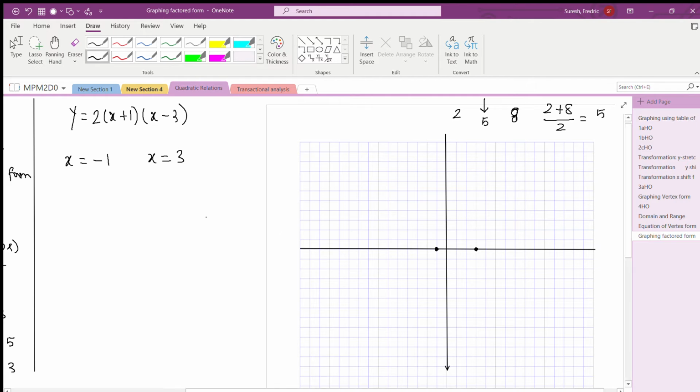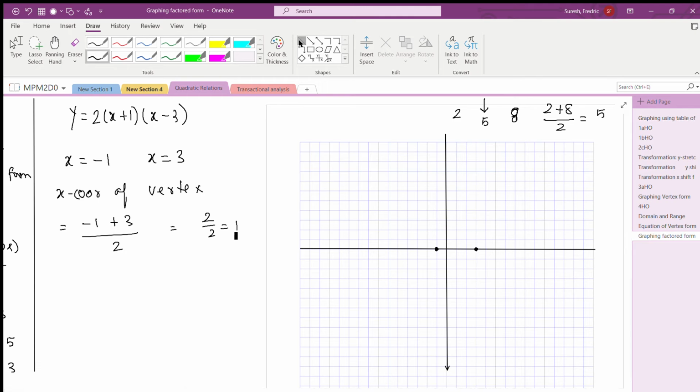So in this case, I'm interested in the x-coordinate of the vertex. To get the x-coordinate of the vertex, I take the numbers, add them, and divide by 2, and I get 2 over 2, which is 1.